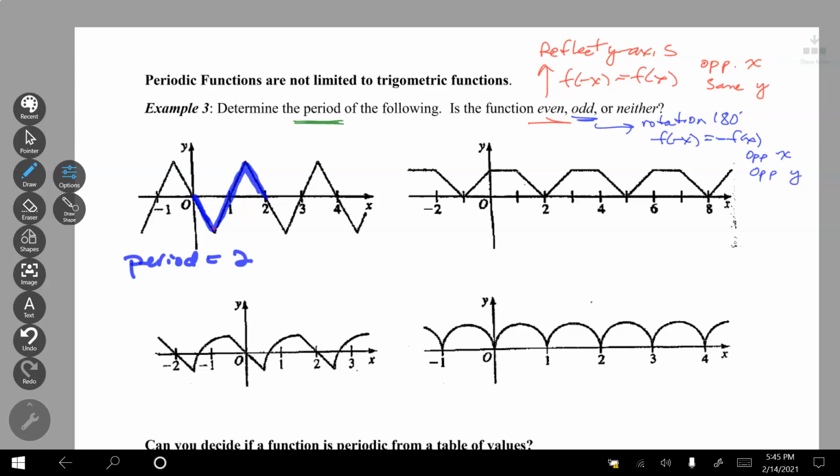I could choose this point here, and this point right here, that f of -0.5 and f of 0.5, they both equal 1. Let's call that space up 1. So, well, no, they're not both 1. -0.5 was 1. Positive 0.5 was -1. So, as you can see, opposite x's have opposite y's. This is an odd function.